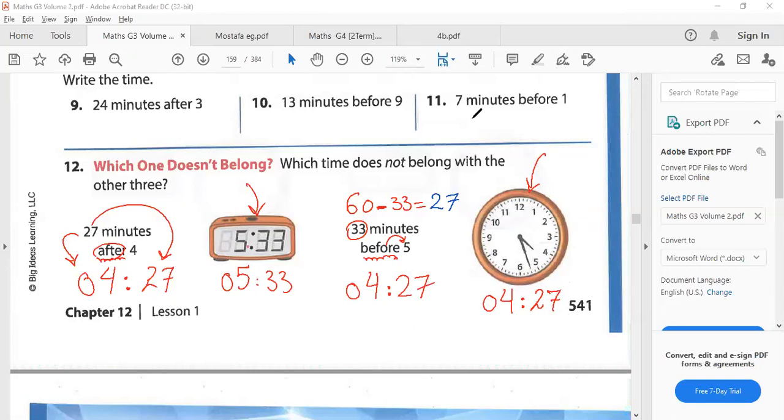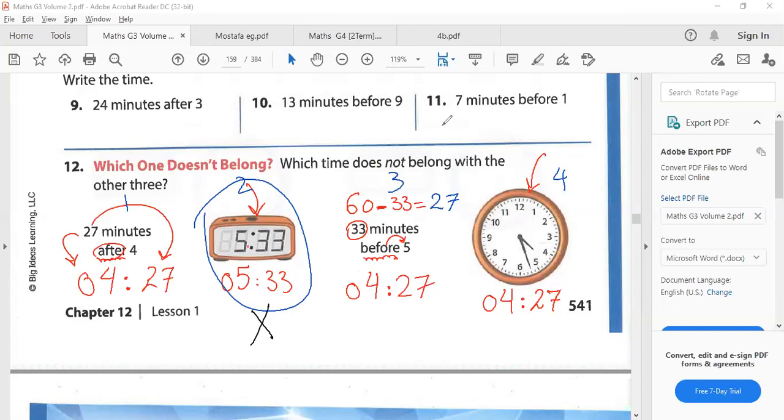So which one is different? 1, 2, 3, or 4? 2. Yes, 2 is different. Excellent. So the only one that is different is 2. It is different to the other 3.